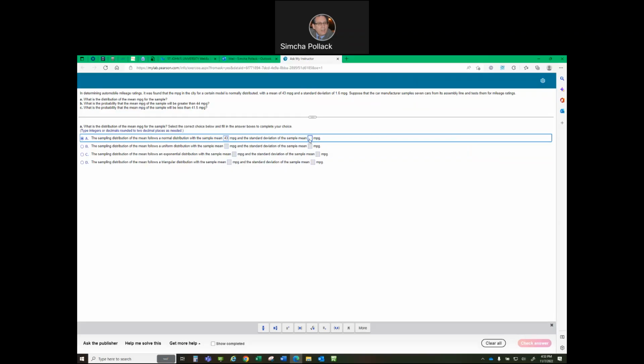If you want, with my trusty calculator, we take the square root of 7, divide, and multiply by 1.6, which is sigma over the square root of n. That comes out to 0.6047. Let's use 0.60.